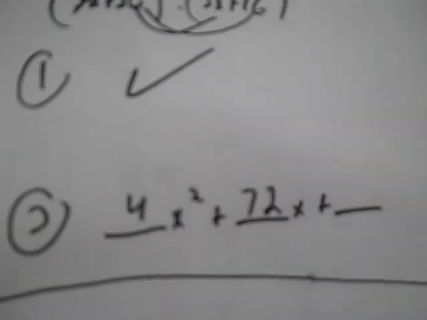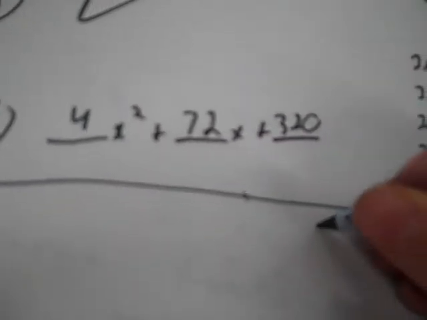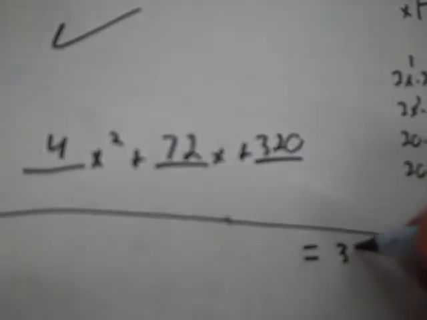And then you've got some powers that are the same, so we should probably draw out our spaces so I can organize them. So x squared is 4. 32 plus 40 is 72. And then 320. Now down here we make our equation because they told me the area was equal to 396.